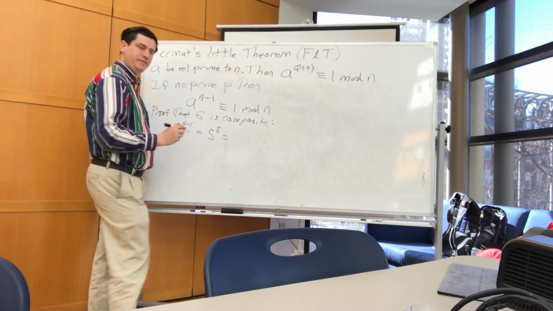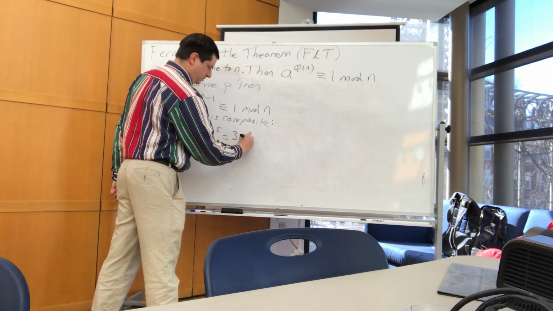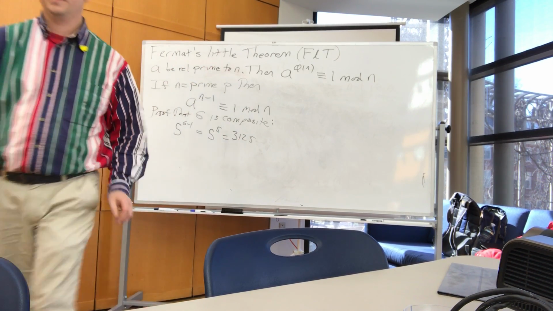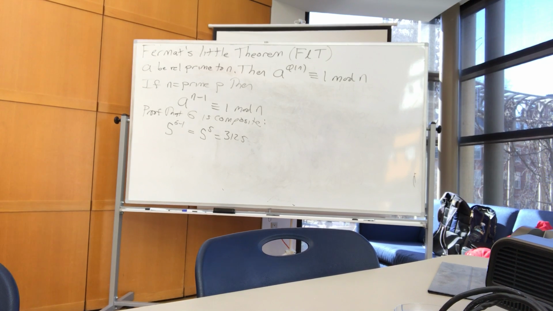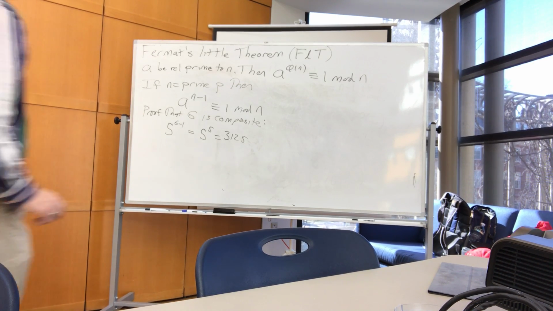So 3125. When you throw away 3,000, you throw away 120. And so we're looking at this mod 6, and so we get 5.